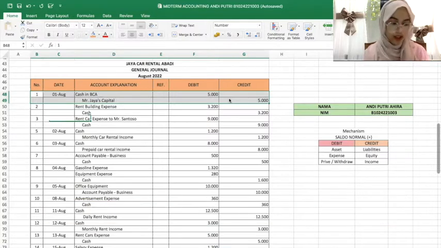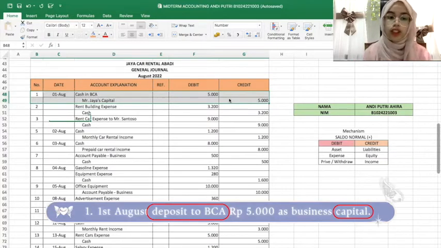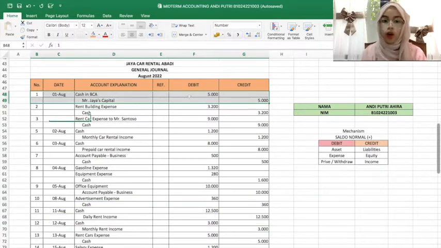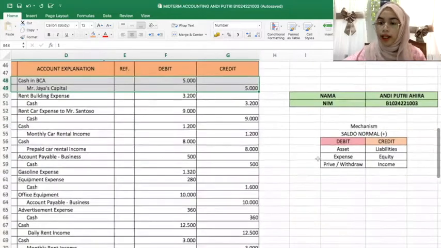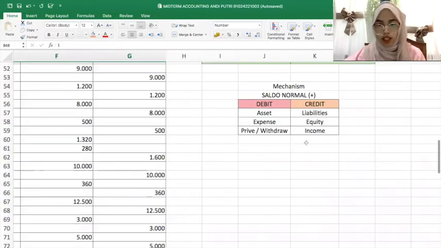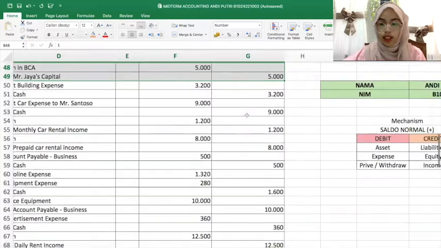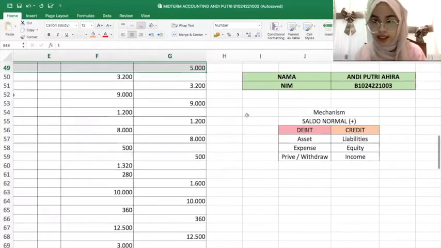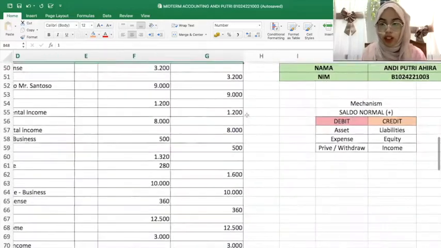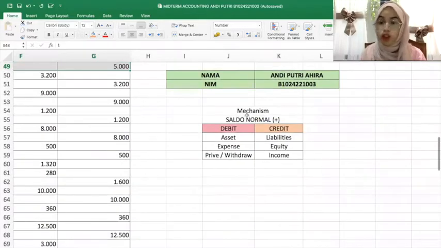In this transaction, there are two accounts, which are cash and capital. To determine which one is debit and which one is credit, you have to know the mechanism of debit and credit. Cash is one of the components of assets, which is on a debit side, and capital is one of the components of equity, which is on a credit side.